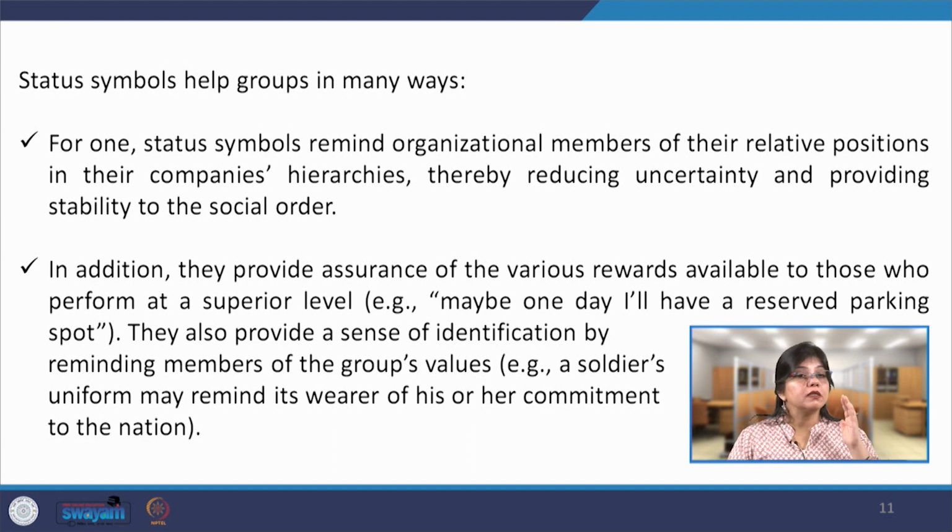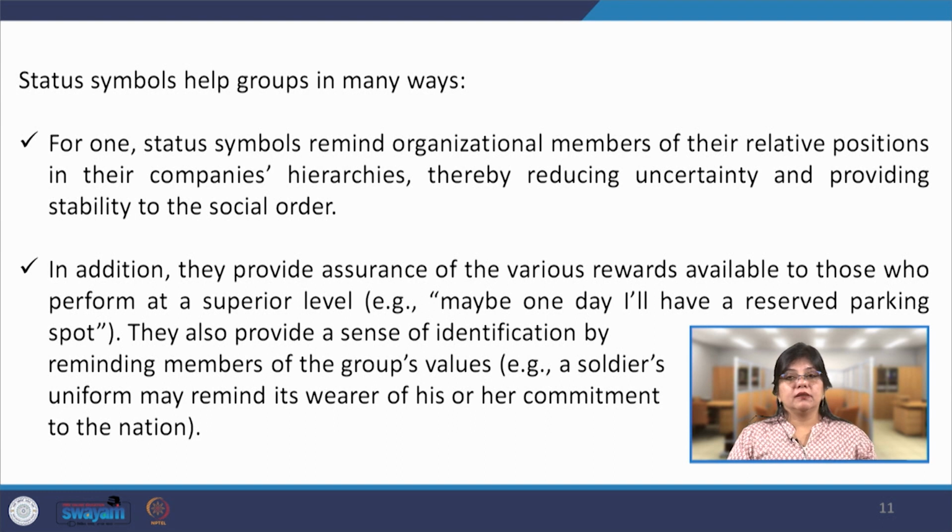So, based on the status symbols, people can understand the power and authority of an individual, and most importantly, they also provide a sense of identification by reminding persons of the group's values, and those group values must be towards high levels of commitment, making people realize what roles they have to perform as per their status.